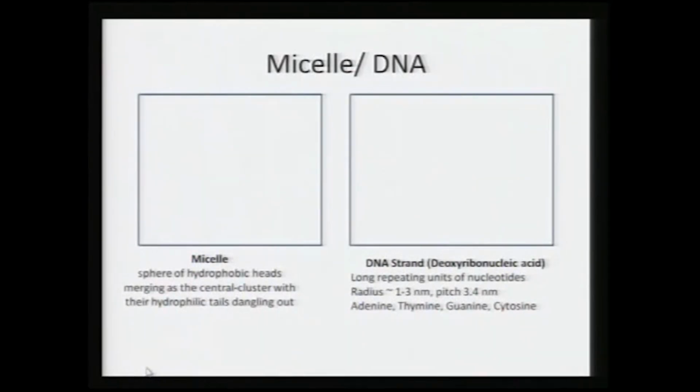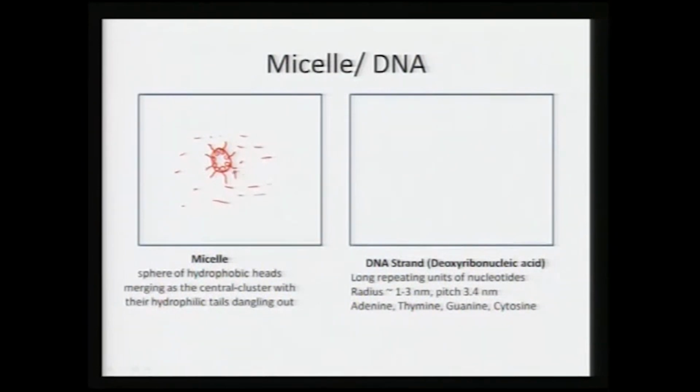Again, certain structures already exist in nature, like in the case of a micelle, where we can have a sphere of hydrophobic heads. We can see the heads joining together as a cluster, and its tails, which are hydrophilic in nature, are in the water.